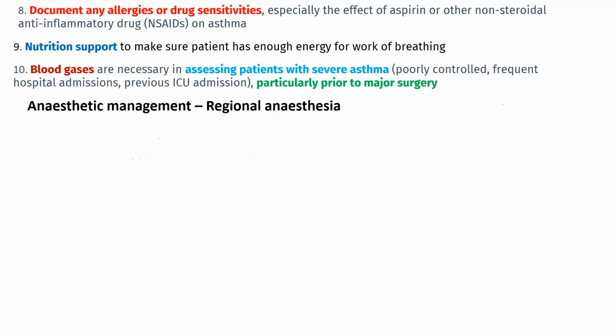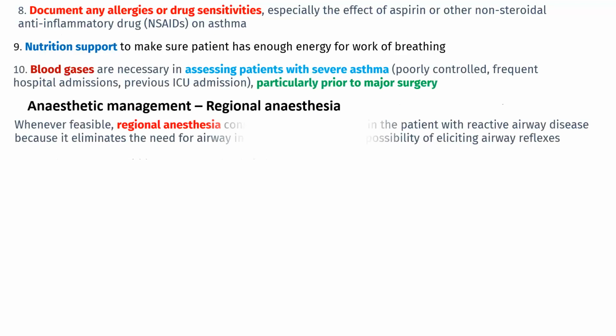Coming to anesthetic management, whenever possible, regional anesthesia should be thought of. That should be the first answer that you write in the anesthetic management. Because that will be the ideal choice, because we are not going anywhere near the airway to mechanically or chemically incite and produce a reaction.